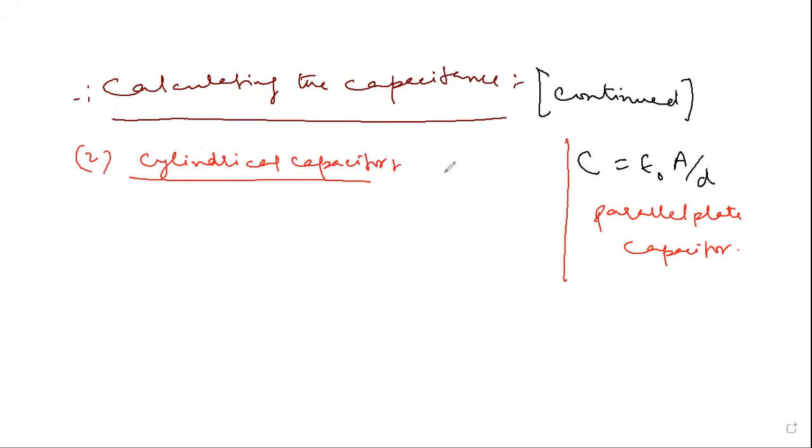Now, cylindrical capacitor consists of two coaxial cylinders like this. Right? So it has some length.